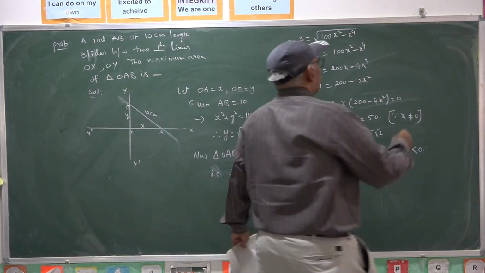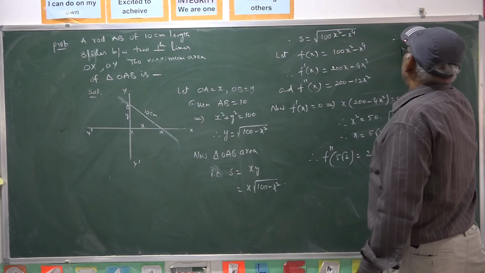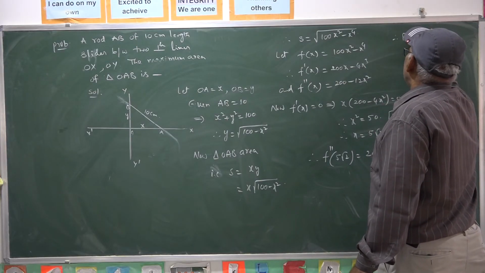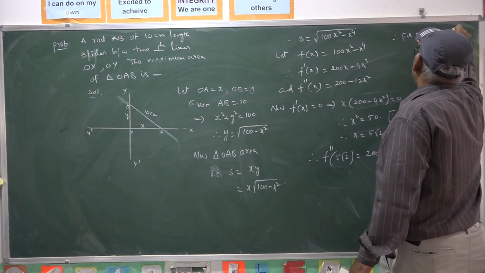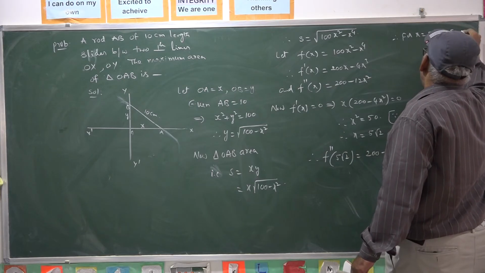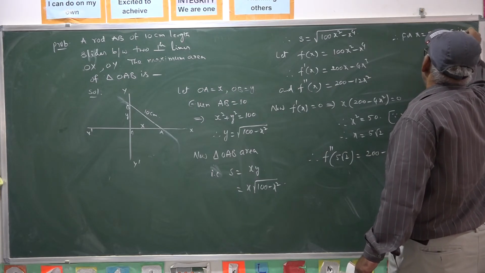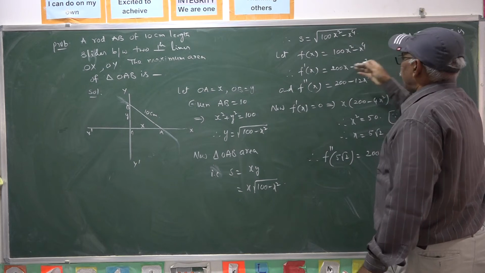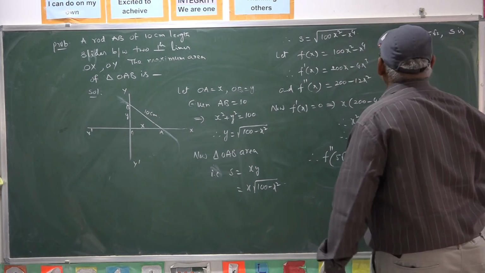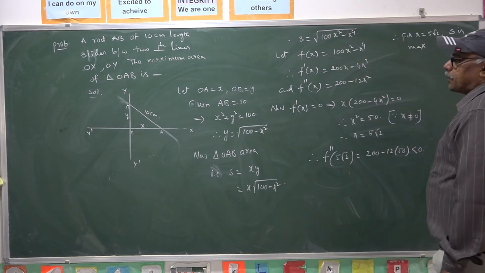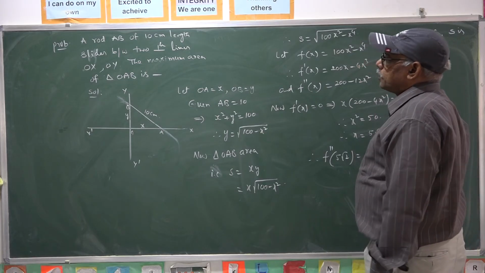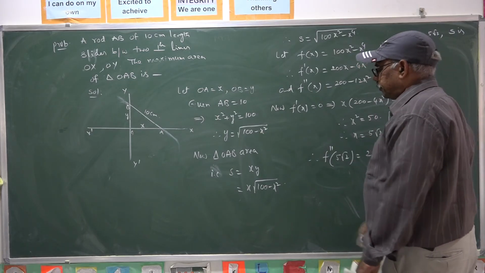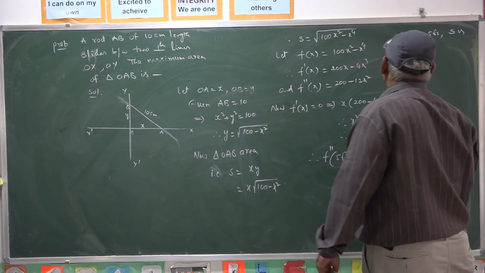Therefore, for x equal to 5 root 2, S is maximum, because if f of x is maximum, then root f of x is also maximum. So, the maximum area is needed. Put x equal to 5 root 2 here.